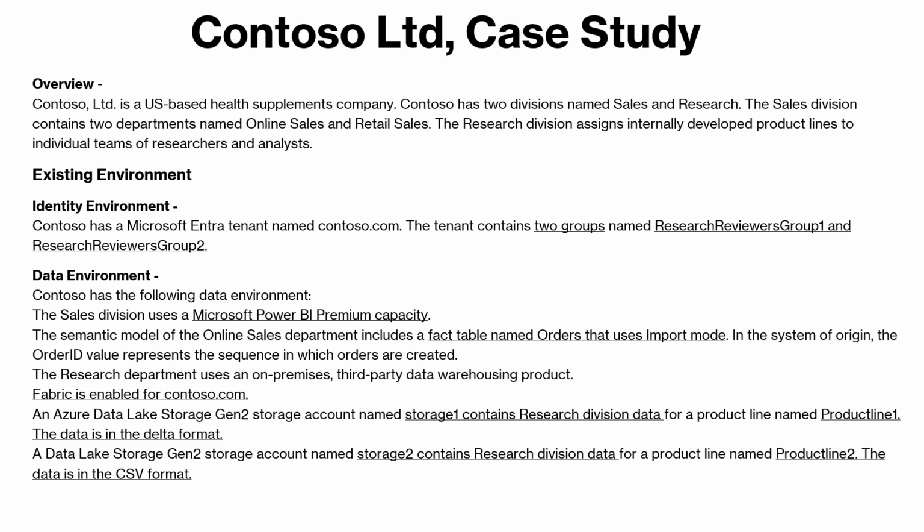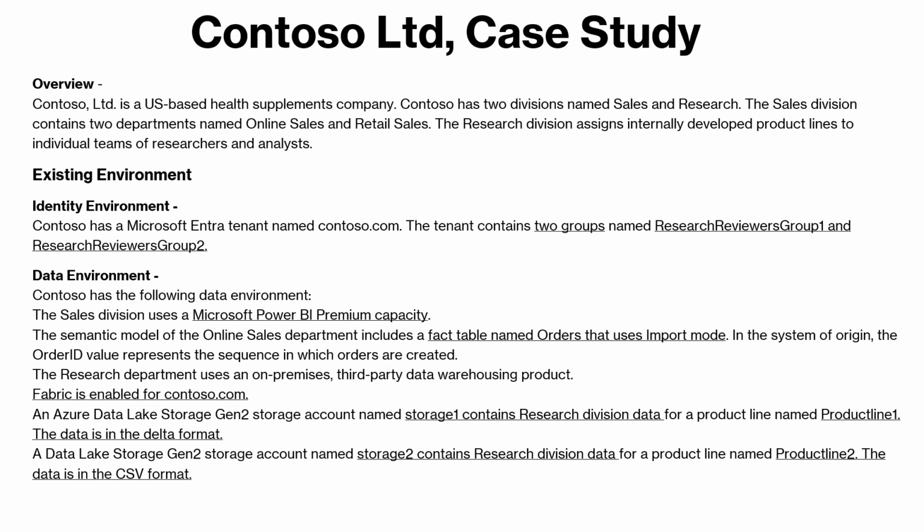So when we talk about the identity environment, they have a tenant which contains two groups. First is research reviewers group 1 and second is research reviewers group 2. And when we talk about the data environment, currently they have Microsoft Power BI Premium capacity, and they have a fact table named orders which uses import mode, and they have now enabled Fabric for contoso.com.